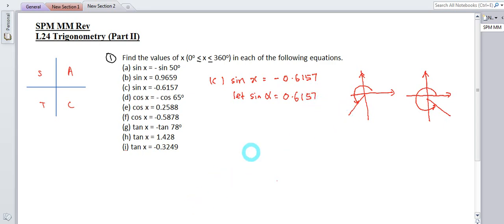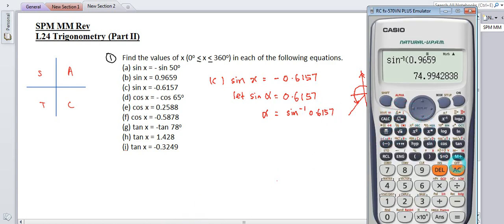Then you press the calculator, shift, arc sine, sine -1, and key in the value 0.6157. Press equal, 38 degree.